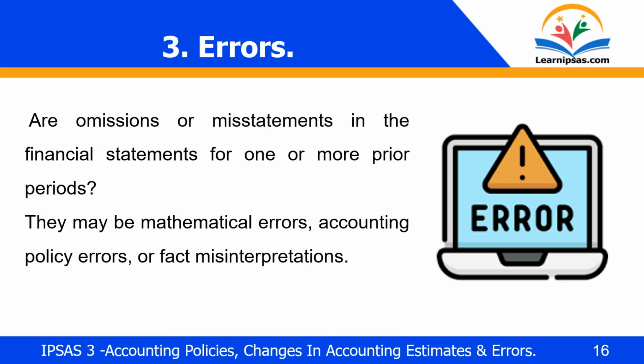Errors are omissions or misstatements in the financial statements for one or more prior periods. There may be mathematical errors, accounting policy errors, or misinterpretations of facts. Example of an error, a correction scenario.